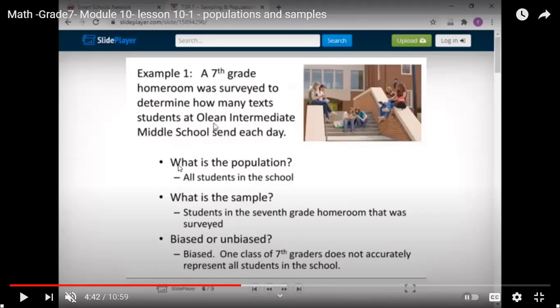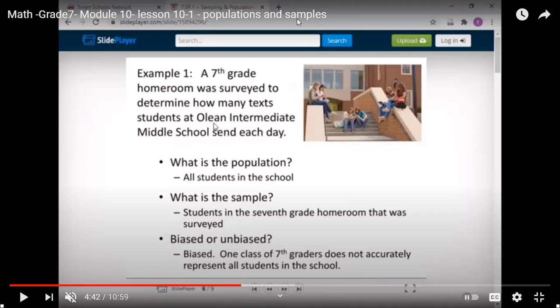Okay? Abdurrahman? Hello, are you here? Yes. Okay. We are going to do what now, Abdurrahman? See if it's biased or random. Also, we want to determine the population, the sample, and biased or unbiased.